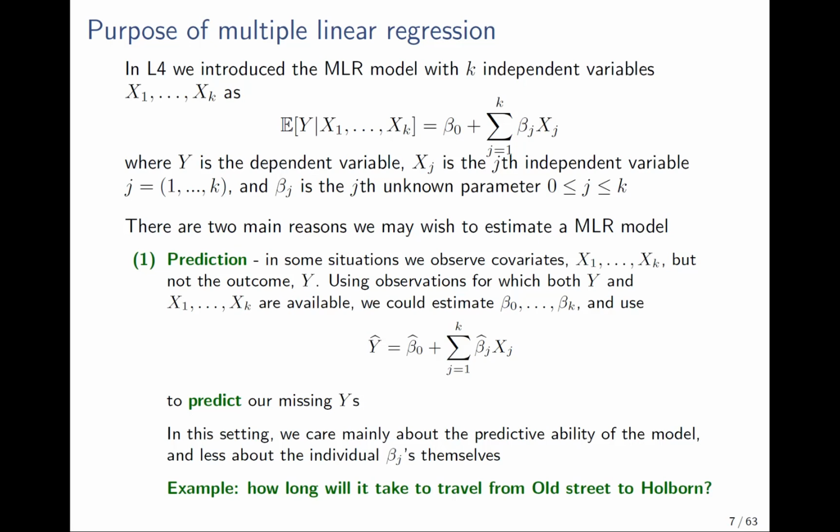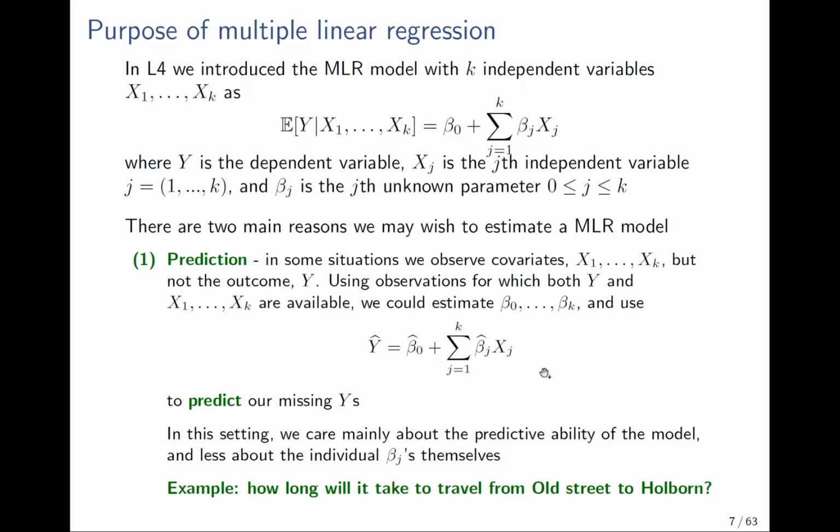Now, in settings when we're just interested in prediction, we care mainly about y hat. We don't really care too much about the individual values of the betas themselves. They're less relevant. What we really care about is the prediction. So for example, in our case where we're looking at journey times, let's say that we don't observe the journey time from Old Street to Holborn.